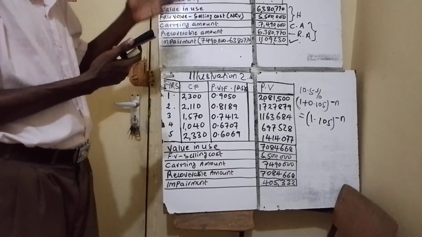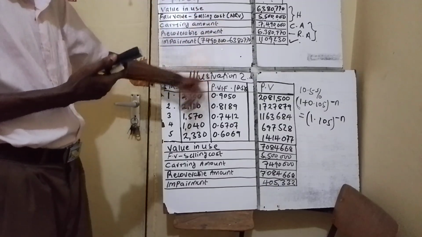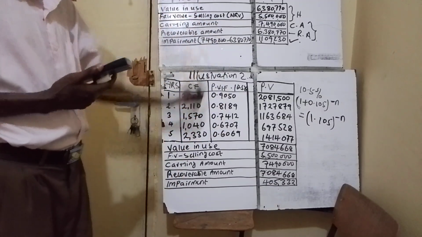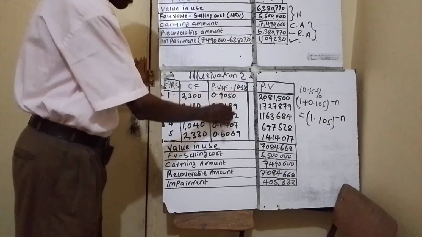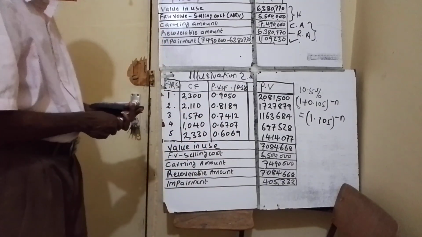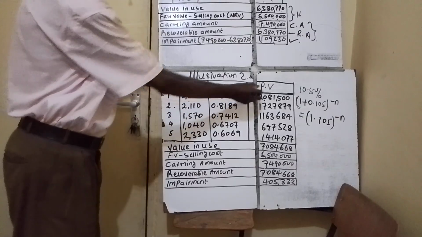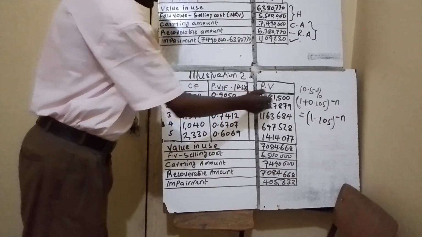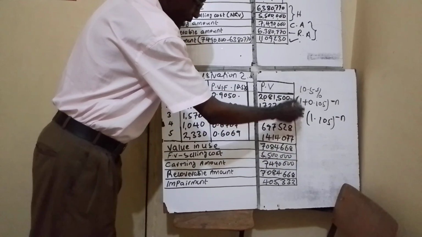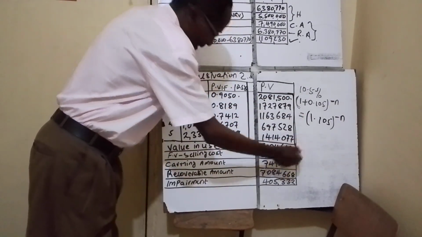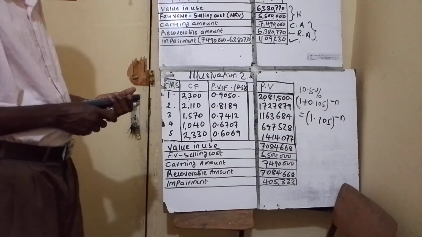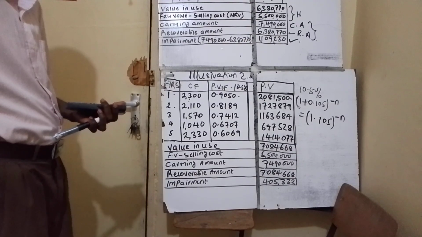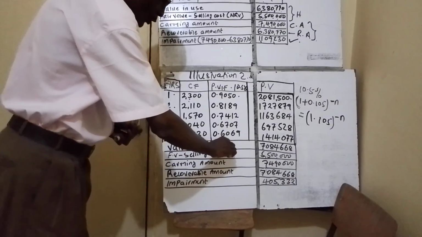Just take 1.105 raised to negative 1, raised to negative 2, raised to negative 3, raised to negative 4, raised to negative 5. You get these present value interest factors there, and then you multiply by cash flows. 2300 times 0.9050, you get these numbers here. These are the present values. If you total your present values, you get the value in use.